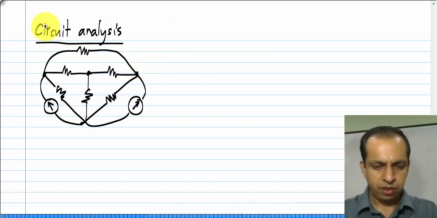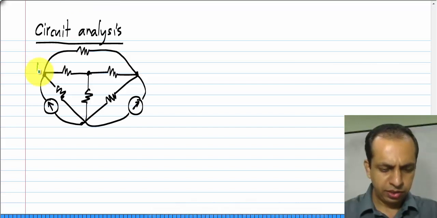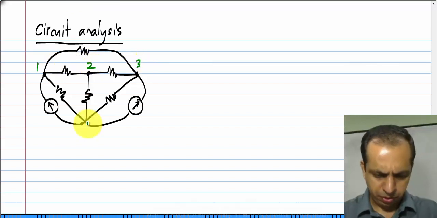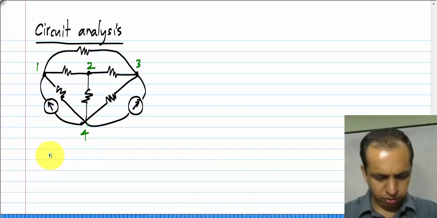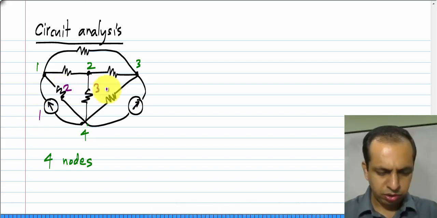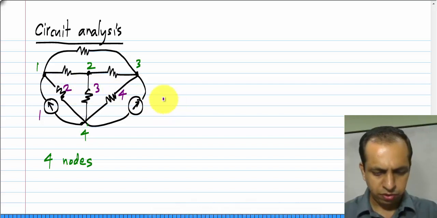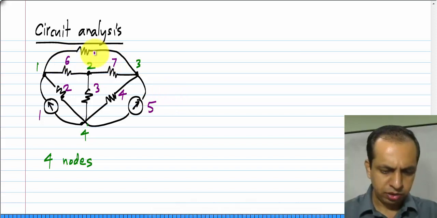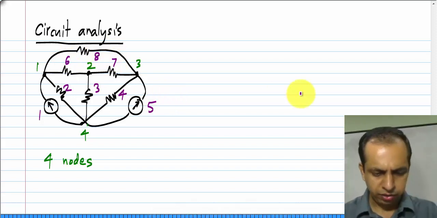Now, this circuit has 4 nodes, and many branches: 1, 2, 3, 4, 5, 6, 7, 8.